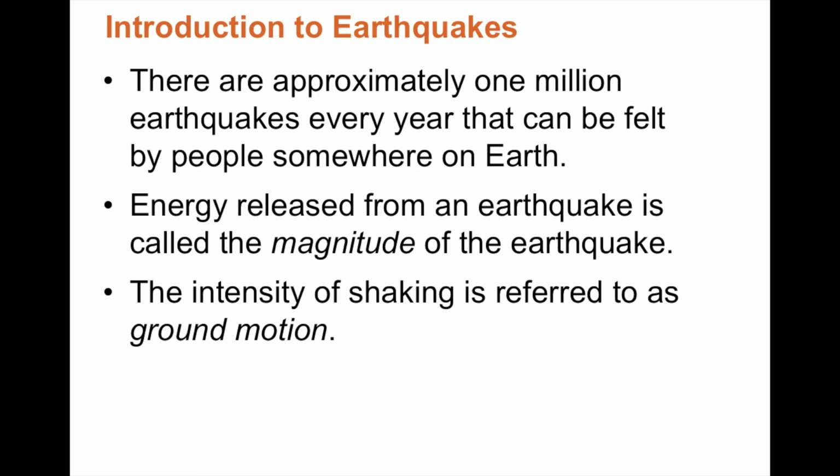An earthquake is when energy is released from two areas of rock sliding across each other and letting go of the energy all at once. The energy released from an earthquake is called the magnitude of the earthquake, and the intensity of shaking is referred to as ground motion.